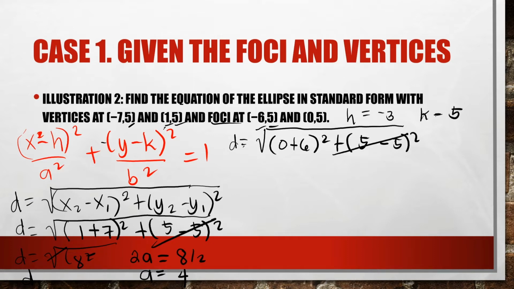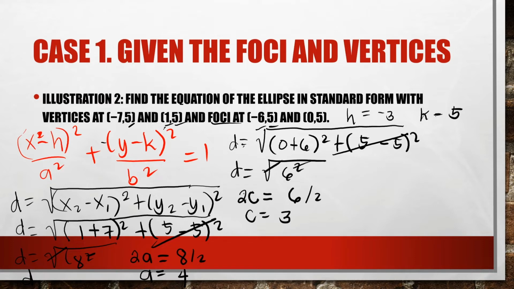So, cancel out na to. So, d is equal to square root of 6 squared. So, d or 2c is equal to 6. Ma-cancel out na to. So, c is equal to 6 over 2 is equal to 3.